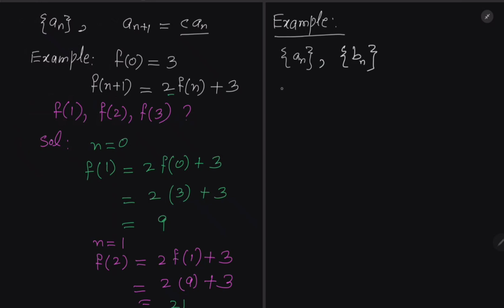The sequence an generates the values for a1, a2, and so on, and bn generates the values for b1, b2, b3, and so on.